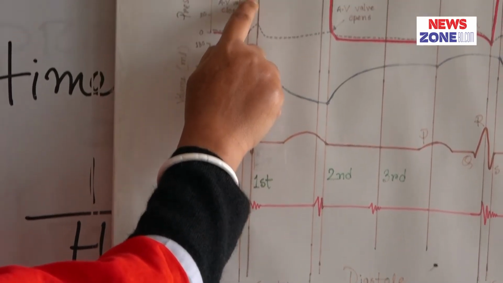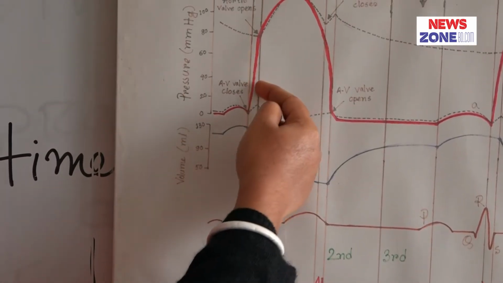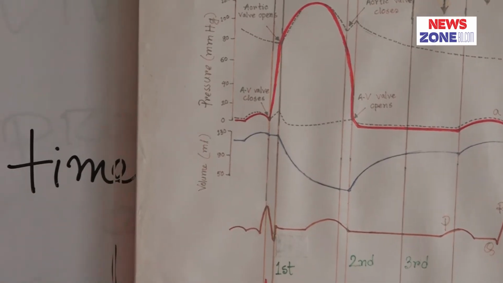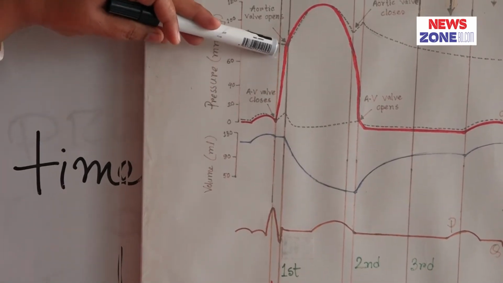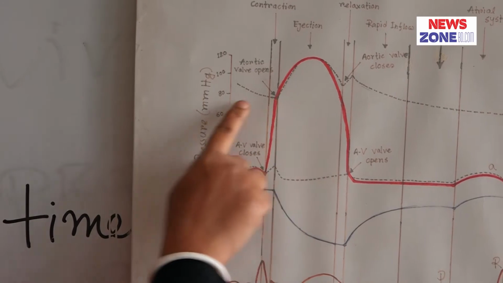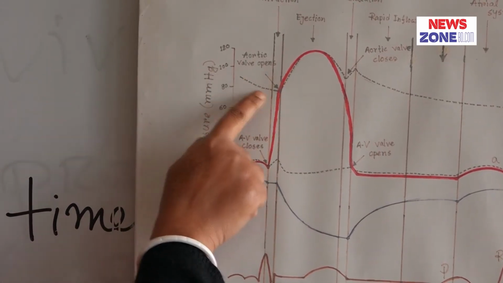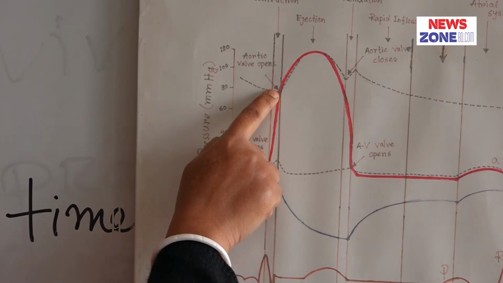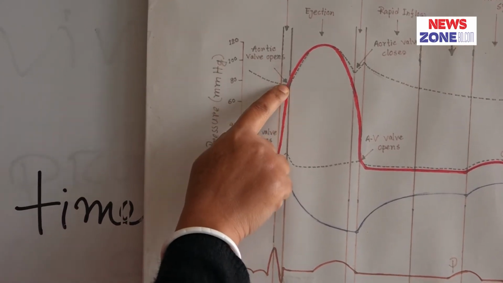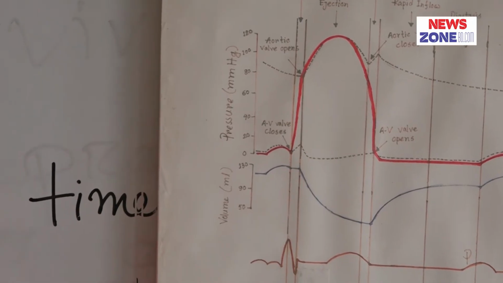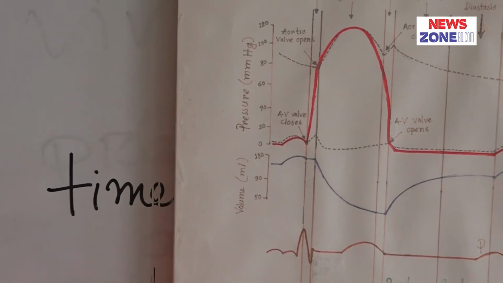Then the ventricle contracts and intraventricular pressure rises further. When the pressure rises above 80 millimeter of mercury, above the aortic pressure, then the aortic valve opens and the isovolumic contraction phase ends.